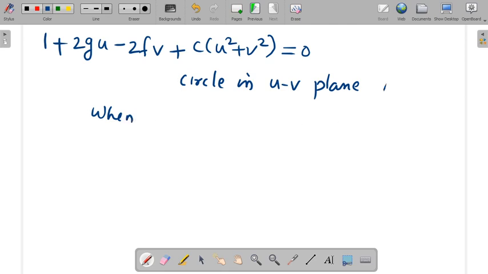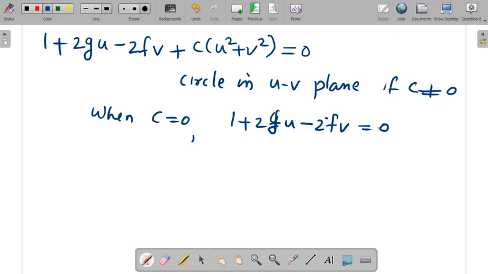And suppose c = 0, this becomes 1 + 2gu − 2fv = 0, and this will be a straight line in the uv plane.